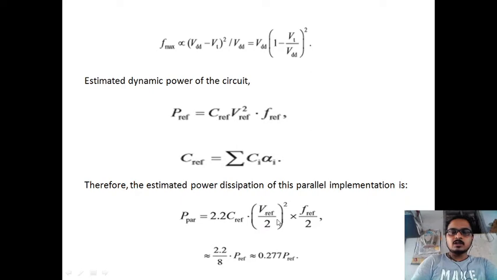If you scale the supply voltage by 2, the frequency is also scaled by 2. When you decrease the supply voltage, the frequency also decreases. Then we get the final result: P parallel equals 0.277 P reference. This is the power dissipation.